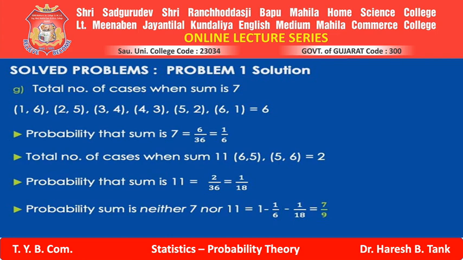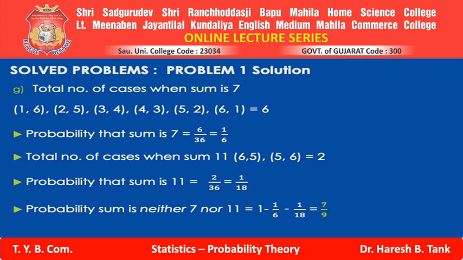Similarly, total number of cases when sum is 11. There are 2 ways of getting it, 6 5, 5 6. So probability that sum is 11 is 2 by 36. 2 by 36 is nothing but 1 upon 18. Now probability that sum is neither 7 nor 11 is 1 minus, in a bracket, probability of sum 7 plus probability of sum 11.